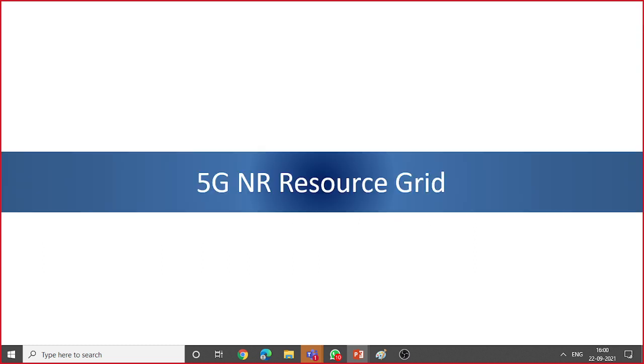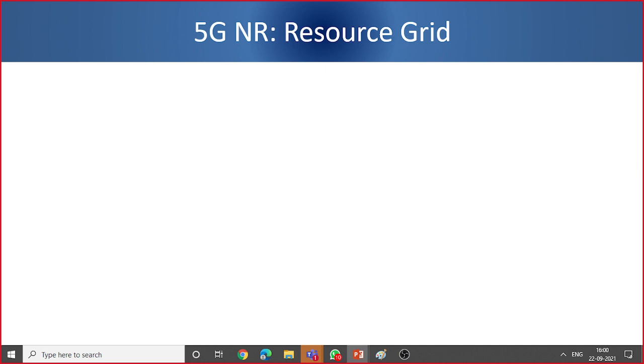Okay. Once we have understood this, let us go through the resource grid. What is the concept of resource grid in 5G? So basically, when we are talking about resource grid, I'll first draw something and try to explain.